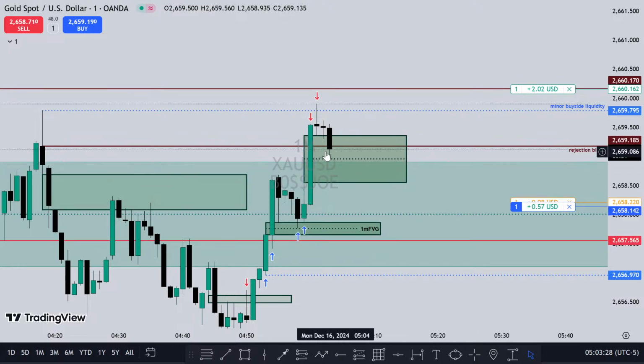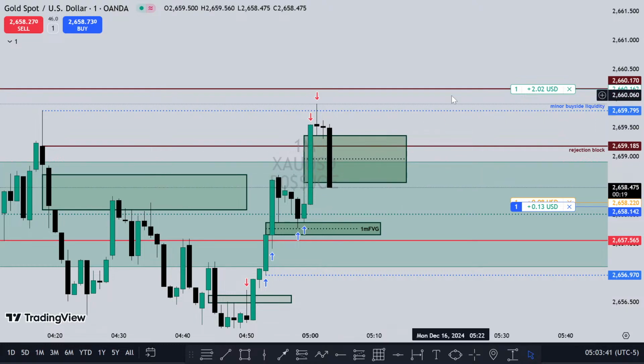Look at that reaction at the consequent encroachment. That's the middle point of the fair value gap. So our last wall of defense is thus. Did you see that?